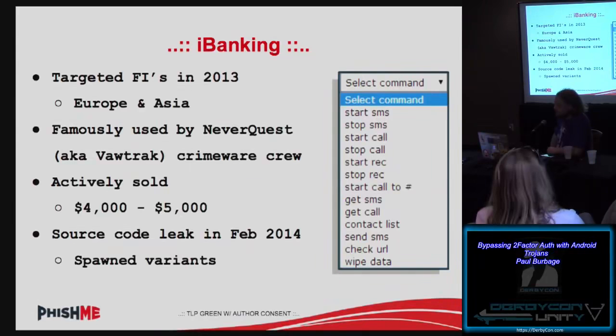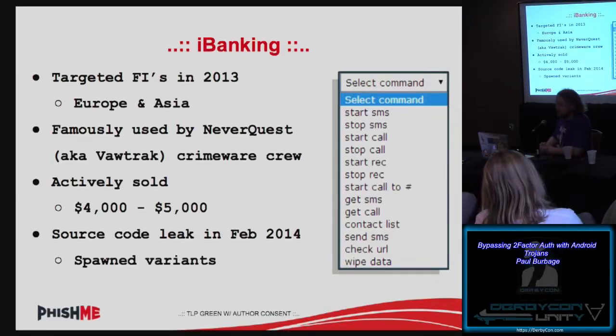Initially sold, it went for between 4K and 5K US dollars, so a pretty high entry point, but more oriented towards the crimeware crews that you see utilizing that type of software. The source code for this particular family was leaked in 2014, and of course, with any type of crimeware kit that's leaked, that spawns variants of it.